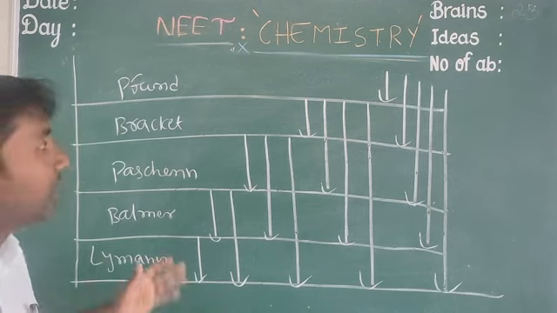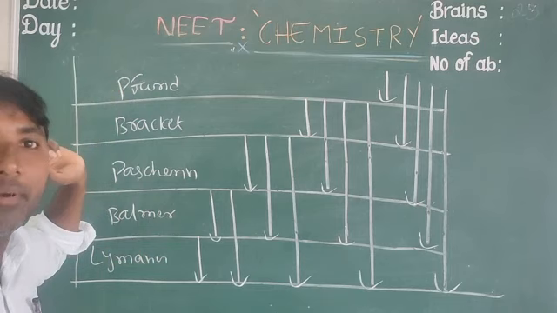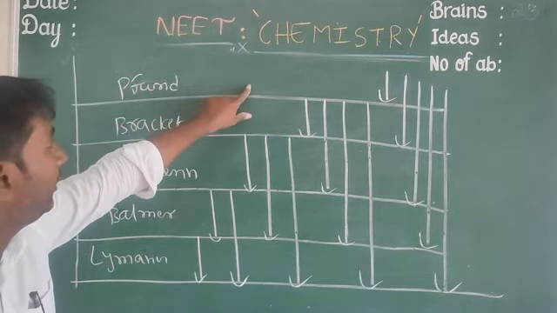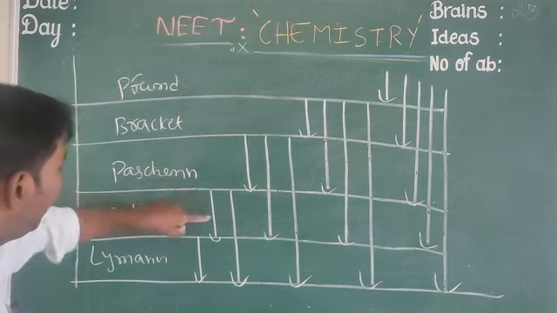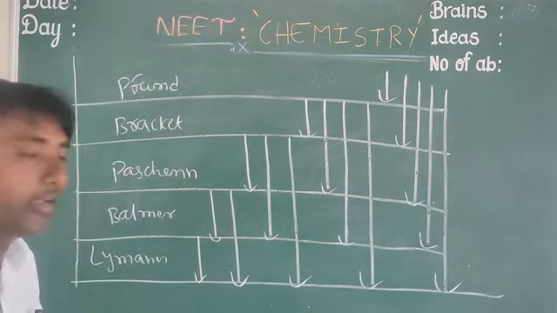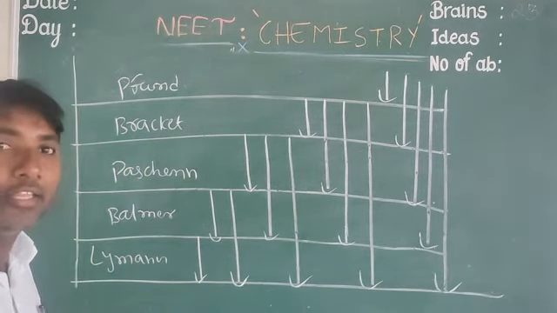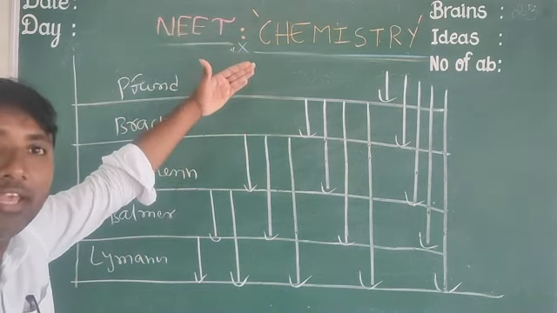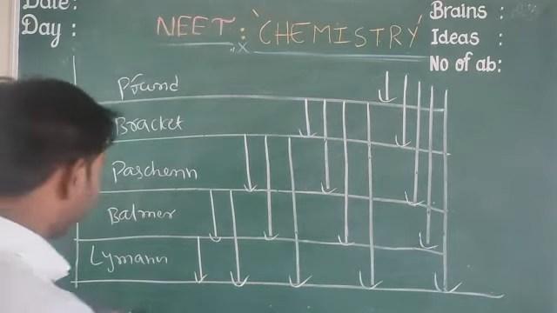That means the number of series lines is given by Pfund: Pfund to Brackett one line, Pfund to Pascal, Pfund to Balmer, Pfund to Lyman. Like that for Brackett, Pascal, Balmer, Lyman. That's the way of transitions between the series. Okay. Next one.